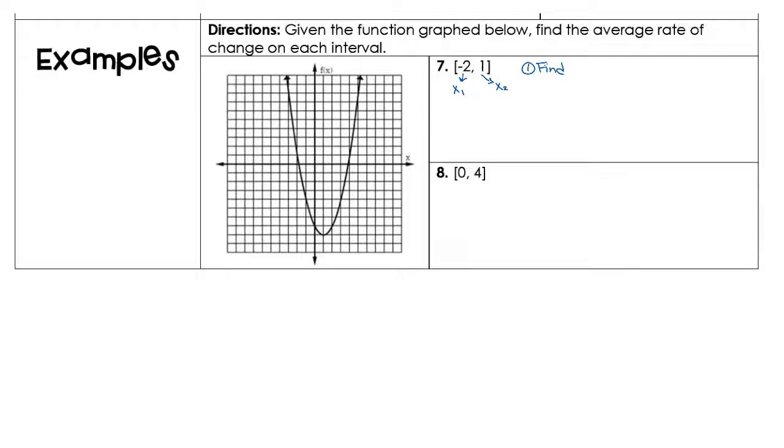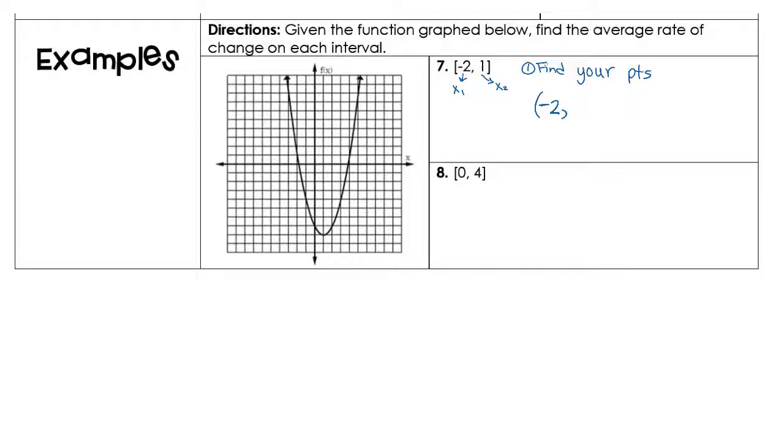Find your points. So in other words, if we have the value x1, and that is an x value of -2, go over to your graph and find the y value that would go with that. And so it looks like the y value that would go with that would be a 1, wouldn't it?